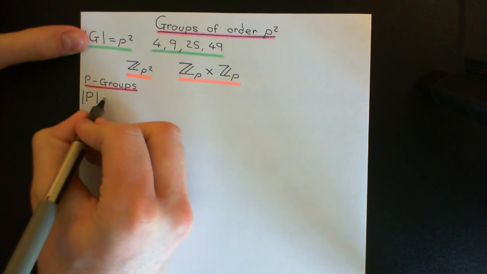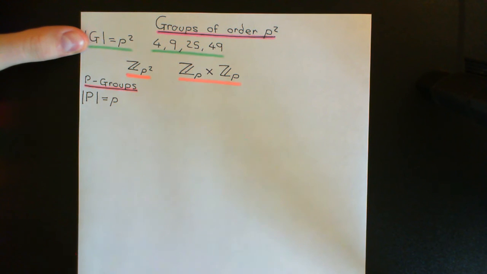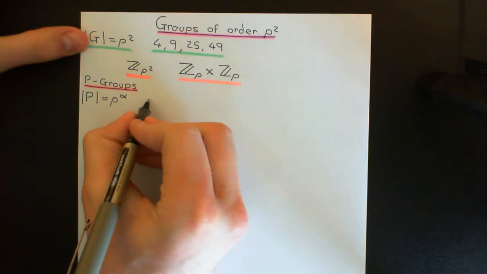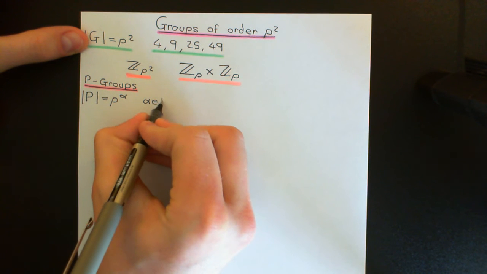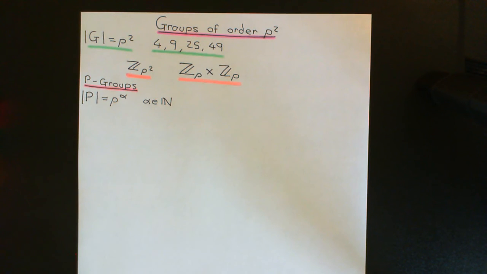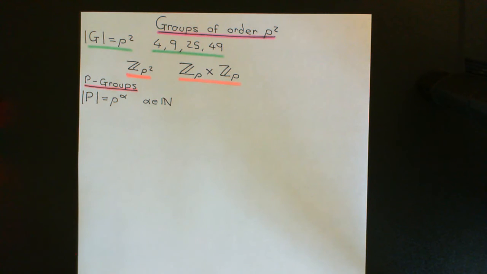So a P group has order a prime natural number, which once again I'll denote P, so 2, 3, 5, 7, 11, 13, 17, 19, etc. Any of these prime natural numbers to the power of some natural number. So alpha here is a natural number, a counting number. 1, 2, 3, 4, 5, 6, whatever. Okay, it's not 0 though is the point. A group of order 1 is not counted as a P group.